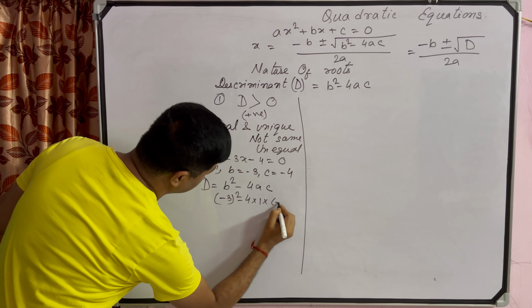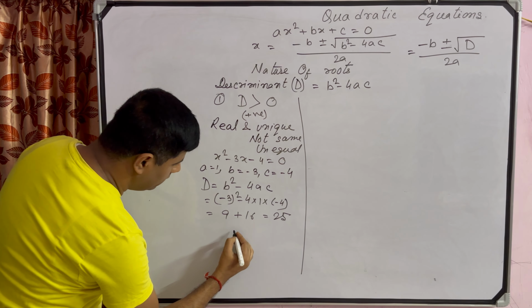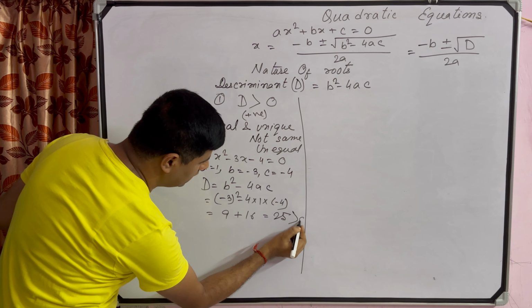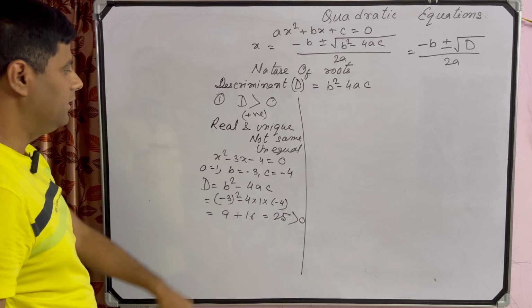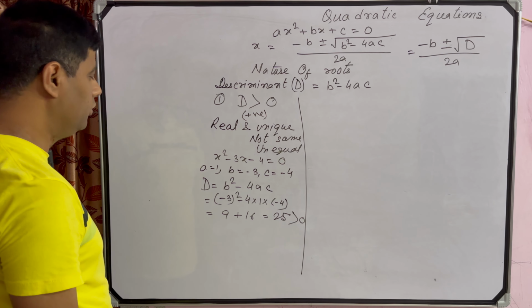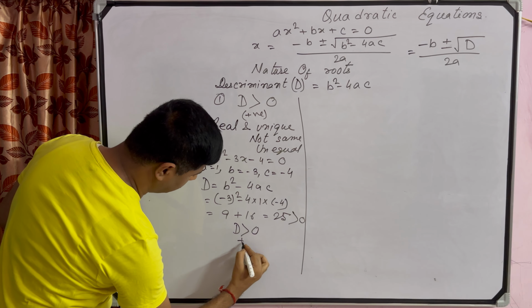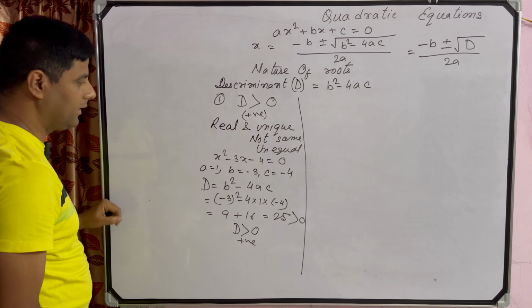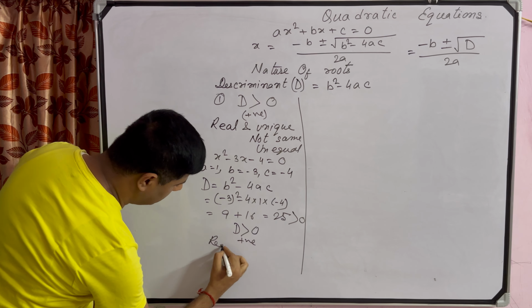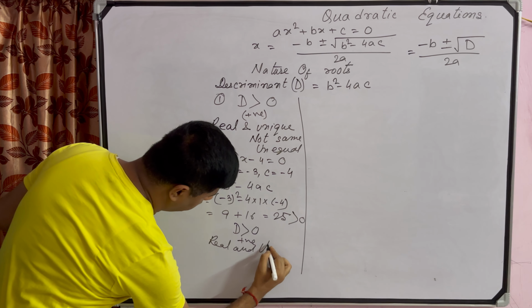So it will be 9 plus 16, since negative negative is positive. So it is 25, correct? So 25 is greater than 0. That's why the roots are real and unique, because D is greater than 0, or we can say positive.